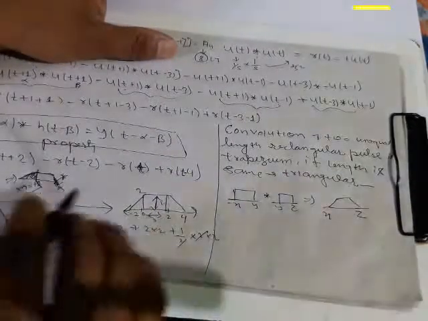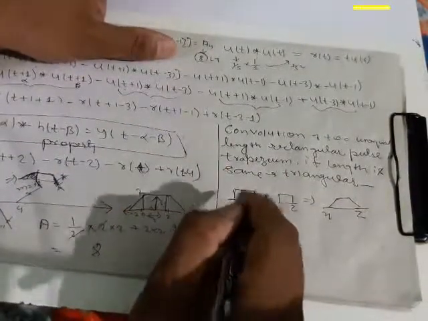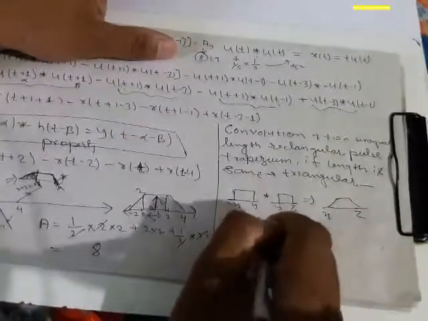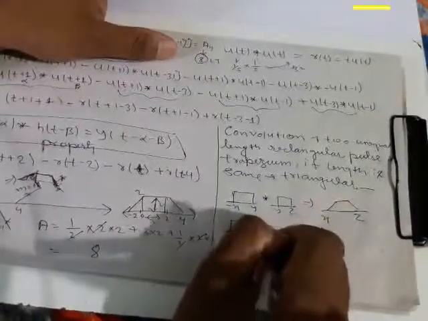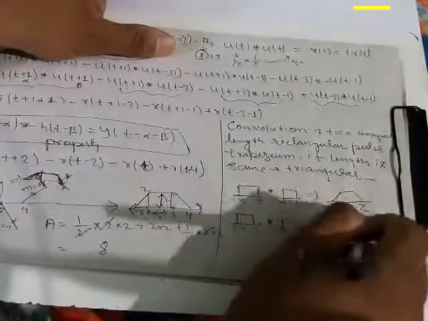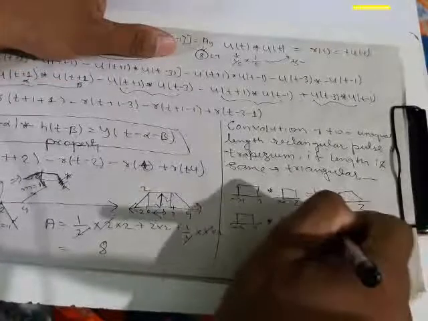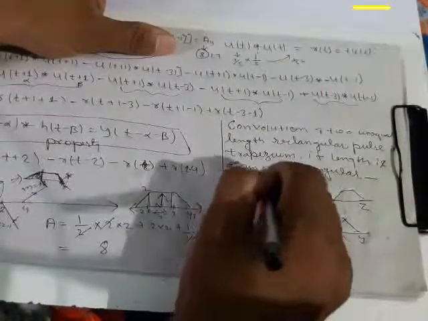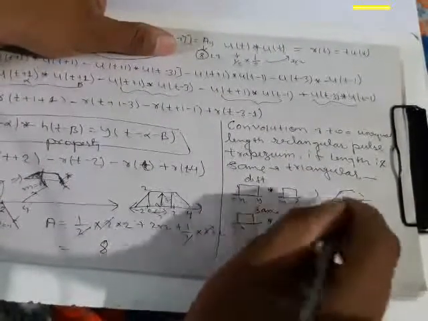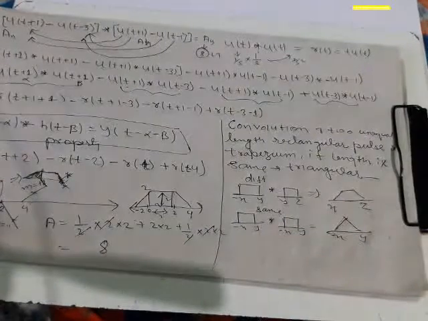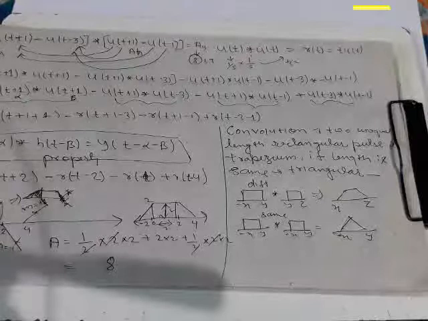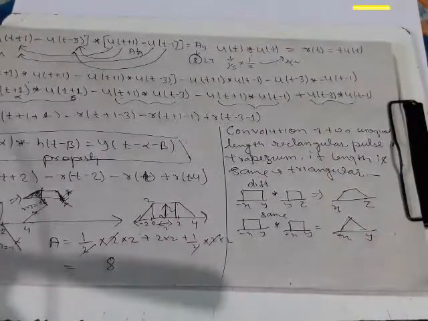Okay, this we will get only when we subtract this signal, then we will get this one. So we can write it as minus u of t plus 1 plus u of t.